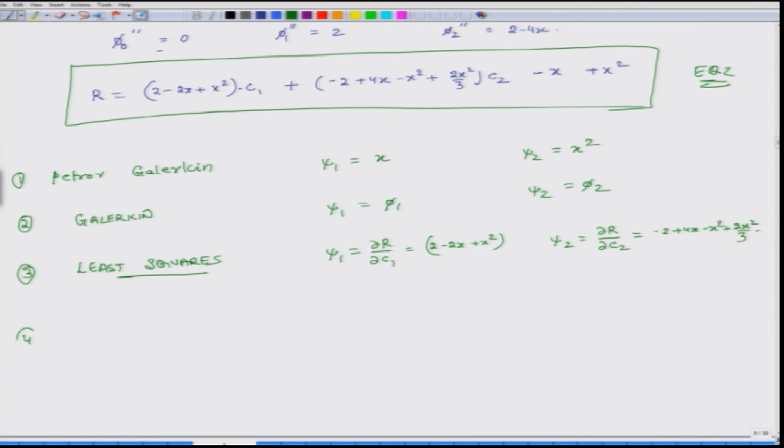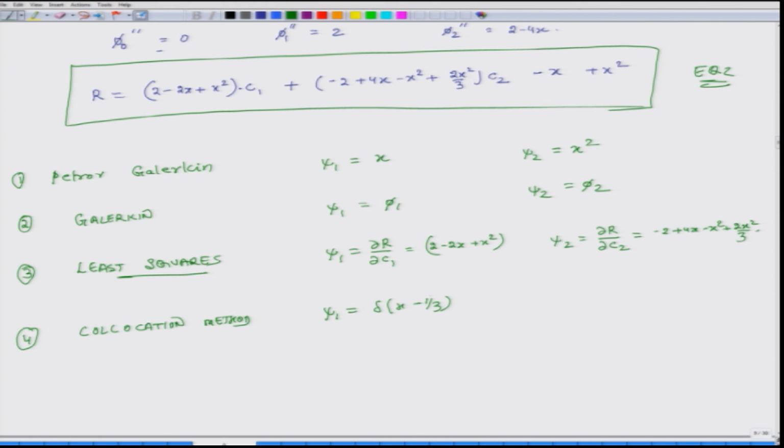And in the fourth case, I am going to use the collocation method. Okay. So, my psi 1 is the Dirac delta function located at x equals 1 by 3.